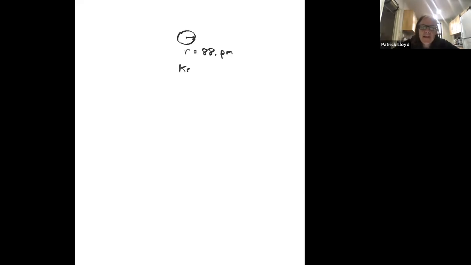And we know that the velocity is 172 meters per second. And then they tell us that the speed is known within 0.10%.